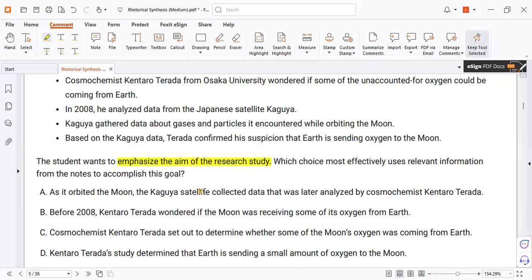I need help. Here we need the aim. What is the target of the study? Let's read it.